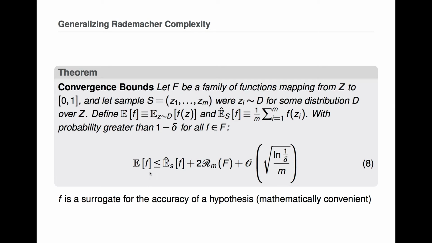But for the moment, what you can do is you can think about how far will the true error be away from our estimate on some data set S based on the complexity of our underlying hypothesis class and based on the number of samples that we've seen.